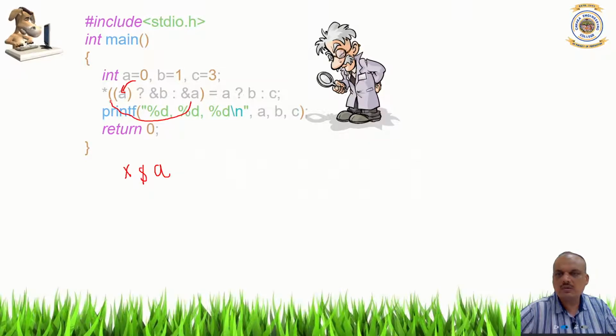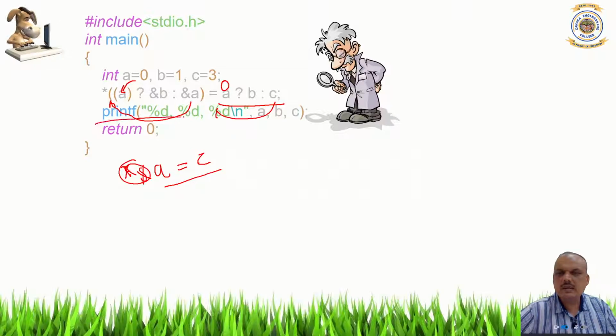Looking at this piece of code, A is again false, so what comes out is again C. So it becomes *&A = C. The star and the address-of get cancelled out, so it basically becomes A = C. So A gets the value of C. C is 3, so A becomes 3.